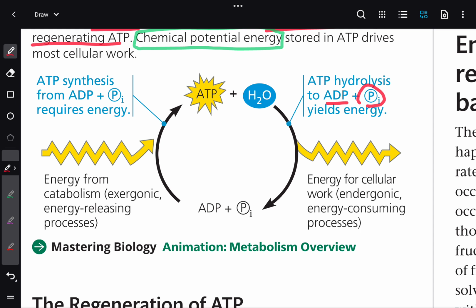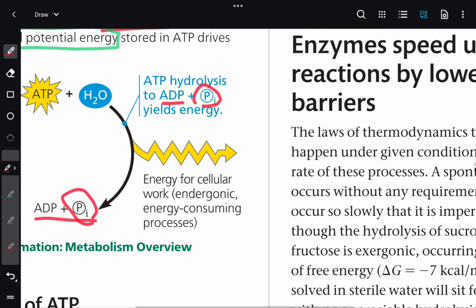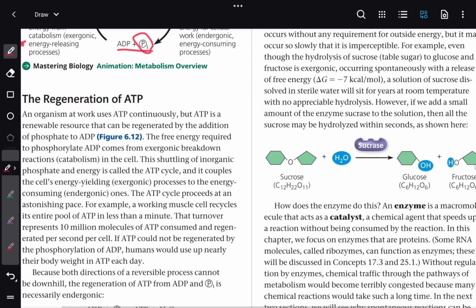Now, what do we do with the ADP and the inorganic phosphate group that result? We need energy in order to regenerate the ATP; this is called ATP synthesis. No more details here, so we'll just skip it till we actually see it.